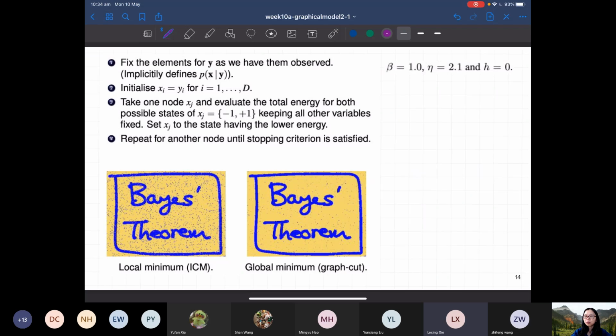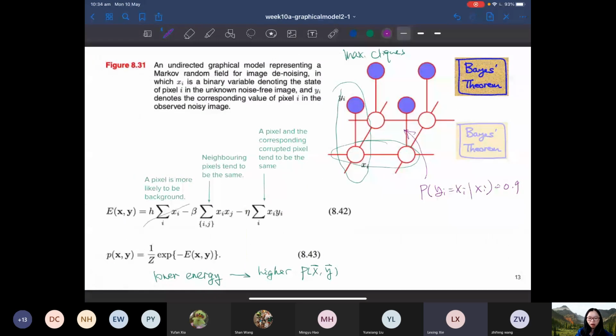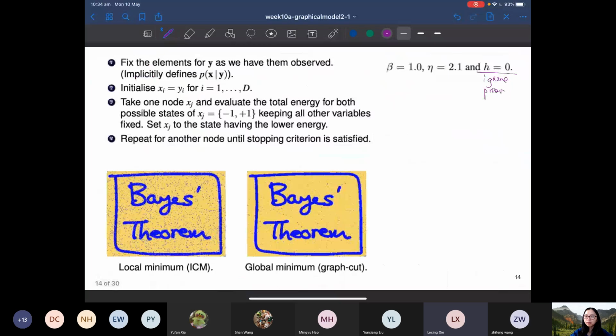And here we ignore the prior, h is 0, so that term is practically gone. We're just trading off betas and etas. And someone told us beta should be counted as 1 share and eta should be roughly twice, a little bit more, 2.1 times the weight of beta.